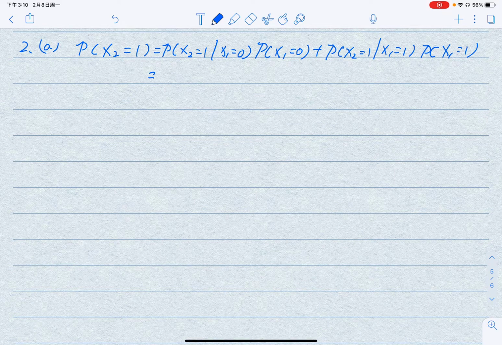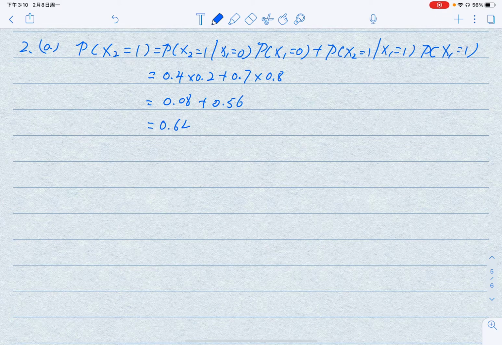By the numbers given in the question, we have 0.4 times 0.2 plus 0.7 times 0.8. We have 0.08 plus 0.56. That is equal to 0.64.